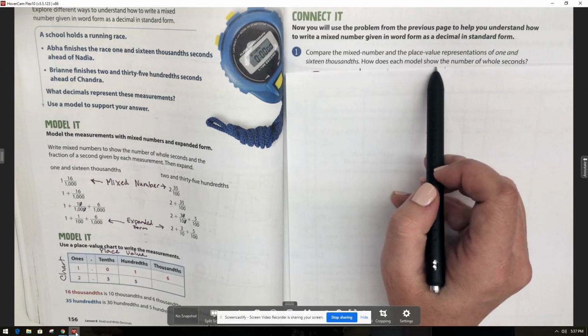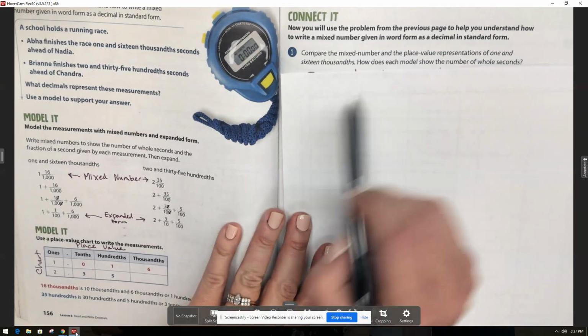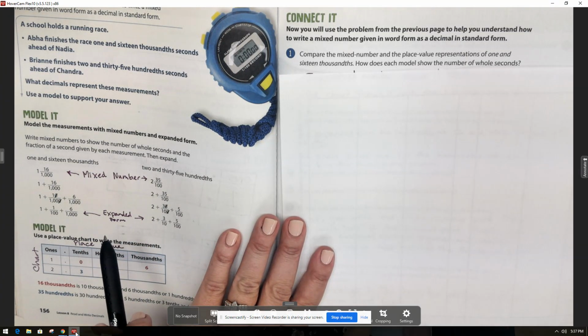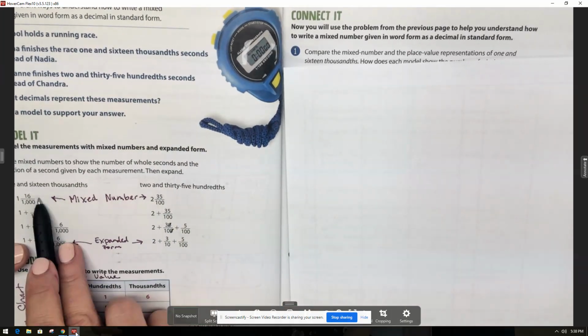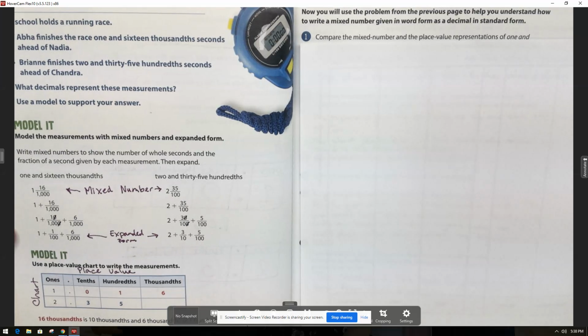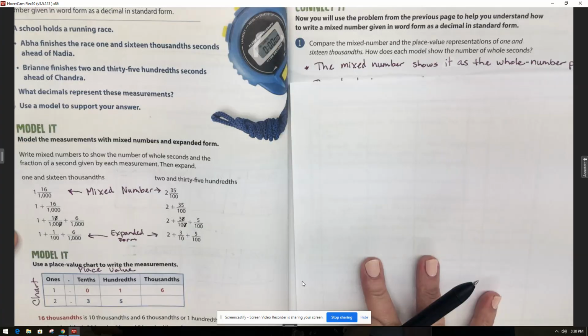How does each model show the number of whole seconds? So if we're looking at the mixed number and the place value, we're looking right now just at these two models, and this model down below. How can we compare the two?